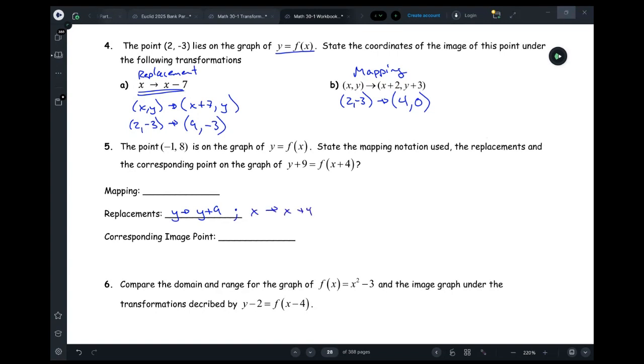I know that means 4 to the left and 9 down. So there's my mapping, which means my point (-1, 8) is going to become, well, I'm going to subtract 4 from the x-coordinate, so -5. And then I'm going to subtract 9 from the y-coordinate, and 8 minus 9 is just going to be -1. And so there's my new point.